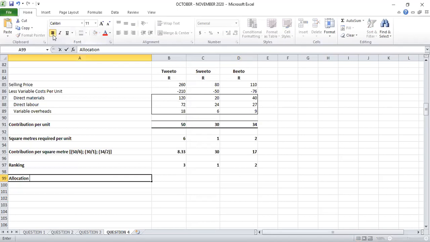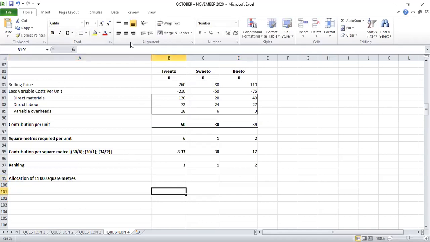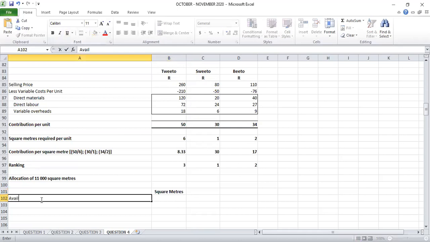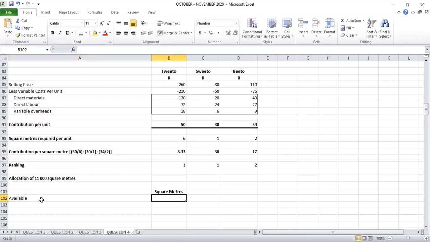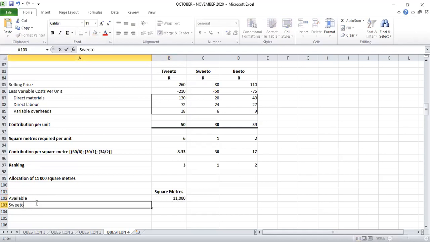Remember, we said we're going to allocate 11,000 square meters. Right. Available 11,000. So we'll first allocate to Sweeto. Sweeto requires 1 per unit.